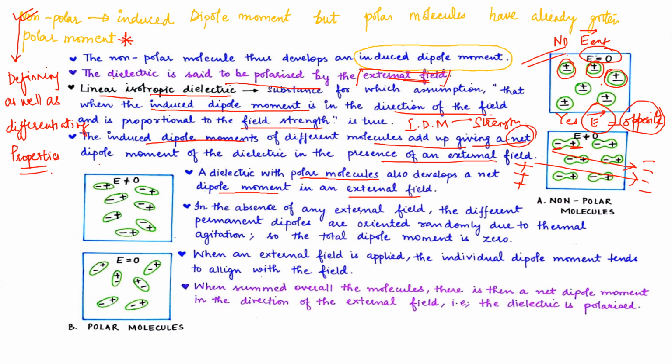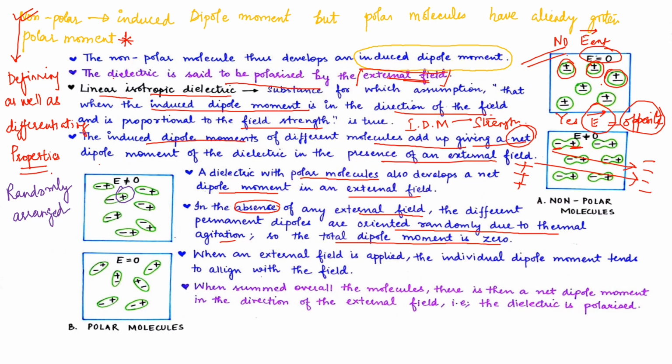In the absence of any external field, when there is no external field, different permanent dipoles are oriented randomly due to thermal agitation. So the total dipole moment is 0. These are randomly arranged here and there. Why randomly arranged?